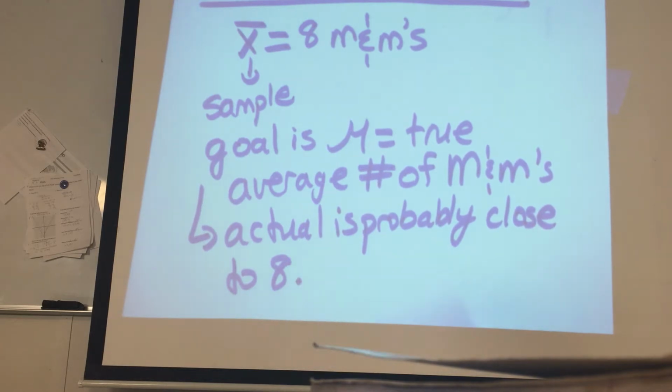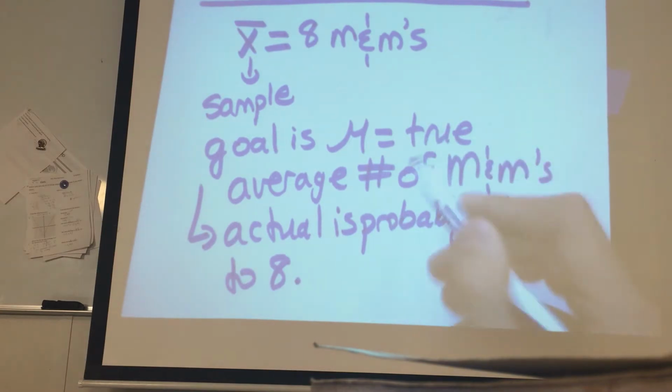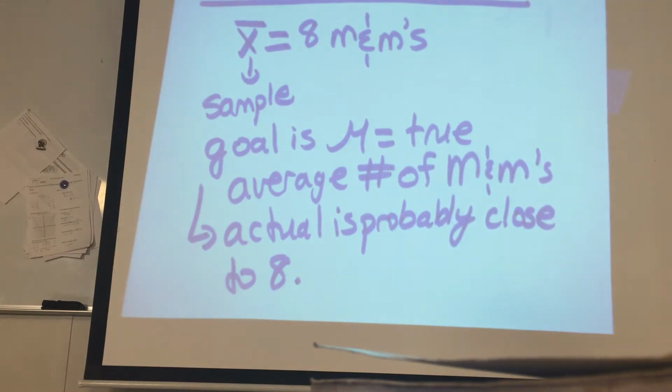And here's the key: we never know exactly what it is. We're not going to sit here and get every single pack of M&Ms that has ever been made and average the number of candies in there. So what we are going to do is create an interval within which we predict that this true number of M&Ms will be.